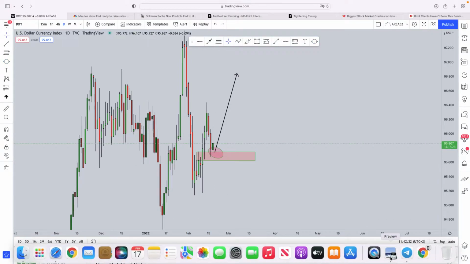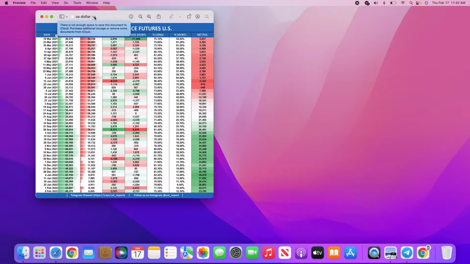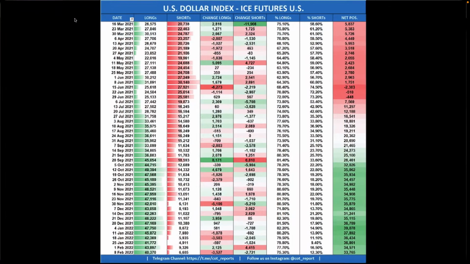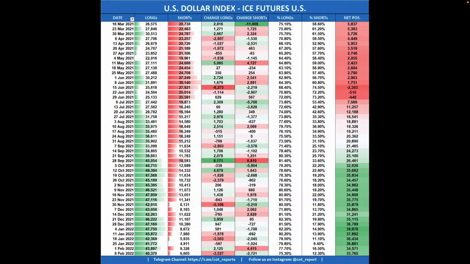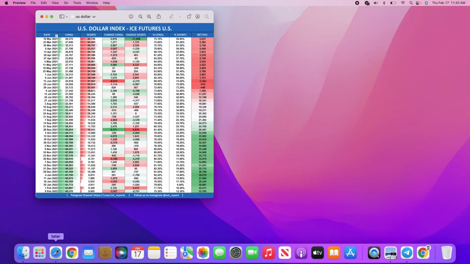Now next we're going to look at some order flow data, so the commitment of traders. This tells us what the big banks and hedge funds are doing in the market. Based on last week's report, we can see how they came in and closed minus 3,527 of their long positions, which is buy positions, and they also closed minus 2,721 selling positions, and the overall net position slightly decreased from 34,571 to 33,765.